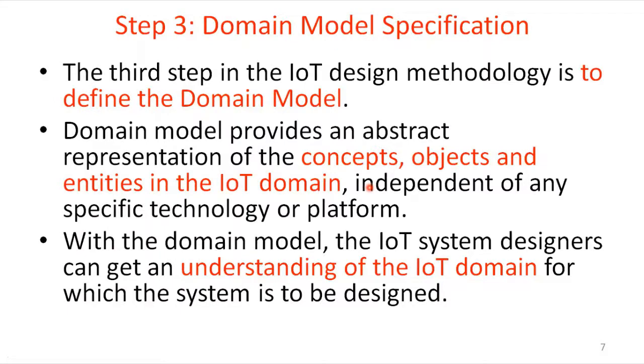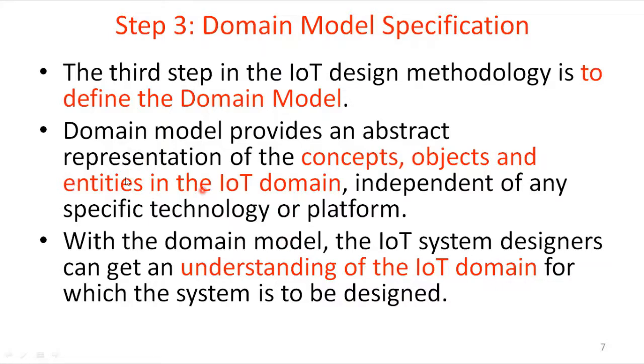The third important one is the domain model specification. Here the domain model specification provides an abstract representation of concepts, objects and entities. The concept means data collection; an object is the instance of an entity. An entity is a real world object.